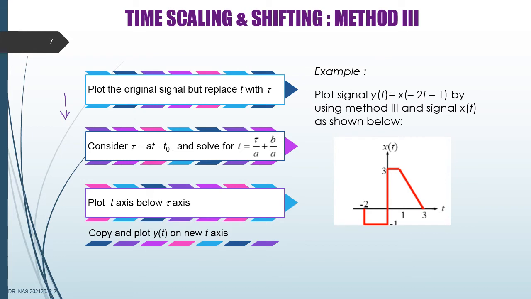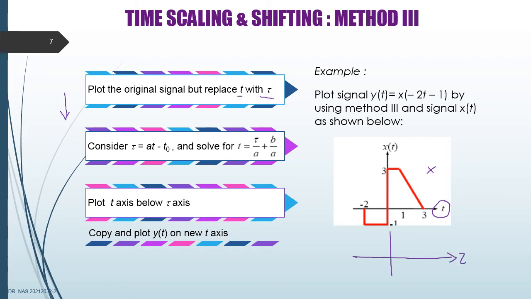First, when you are given a signal, for example this signal, you need to plot the original signal but replace t with tau. At the moment you have the axis as t, so you need to redraw the signal, but the x-axis, instead of t, becomes tau.